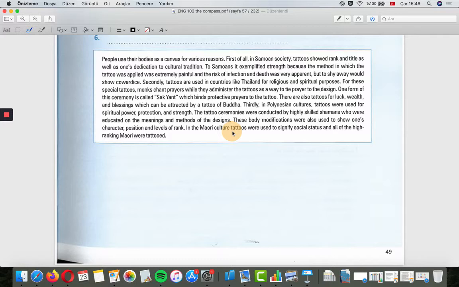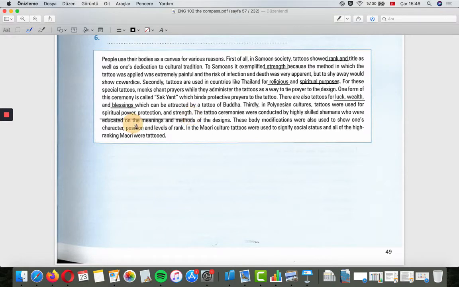People use their bodies as a canvas for various reasons. For example, tattoos show rank. Okay, it shows strength. Tattoos are used for religious, spiritual purposes. Tattoos for luck, wealth, blessings. Used for spiritual power, protection, strength.